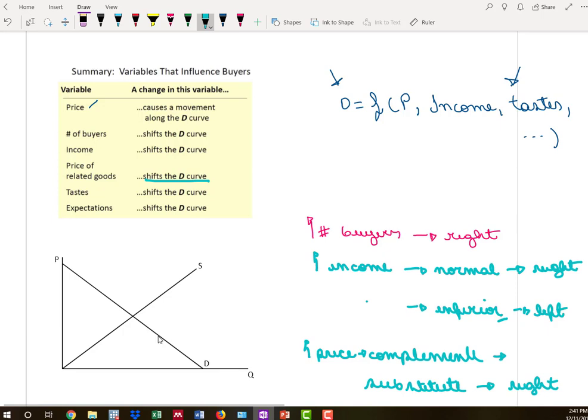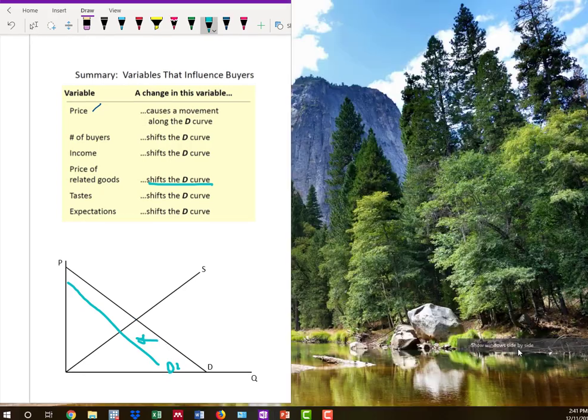Because I only consume them together, for each hypothetical price of coffee, the bundle coffee and sugar got more expensive. And remember, I only consume them together. So if the price of sugar goes up, for each hypothetical price of coffee, my demand is actually going to shift to the left.